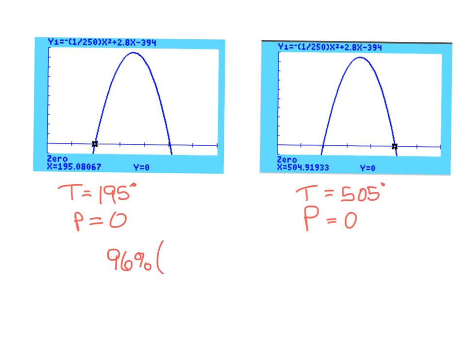So if we are having a batch of 800 kernels, if we take 96% of 800, in my calculator I'm going to enter that as 0.96 times 800, and that's going to give me an answer of 768. So that will be 768 kernels will pop at the maximum temperature, 350 degrees. That's the temperature when the maximum number of kernels do pop.